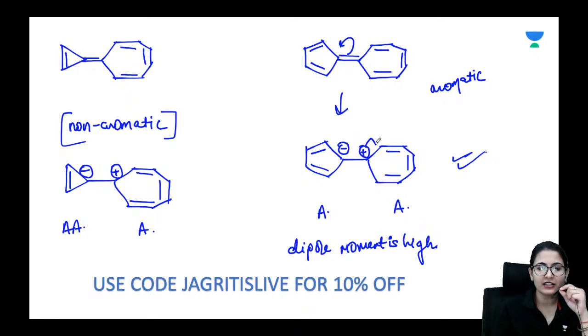Because this charge can actually take part in resonance and it can go far away from each other, isn't it? Look, I can write a resonance structure of this molecule in this way.